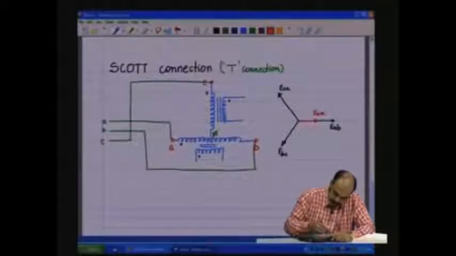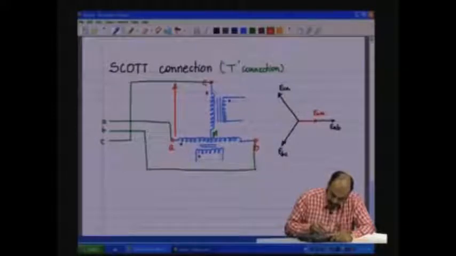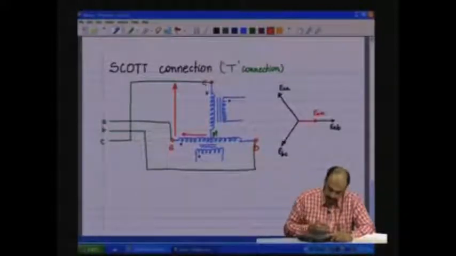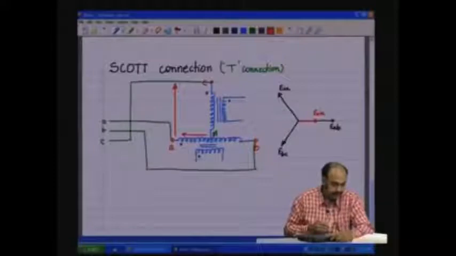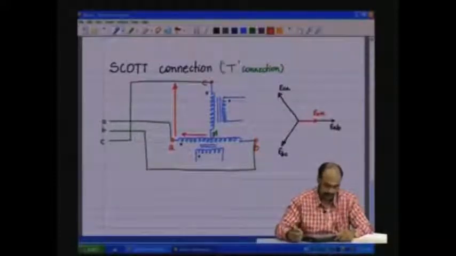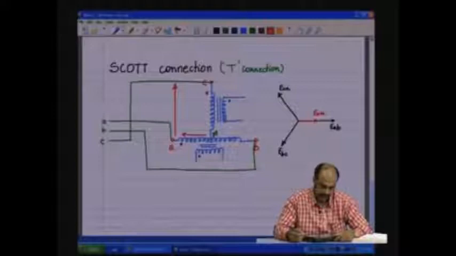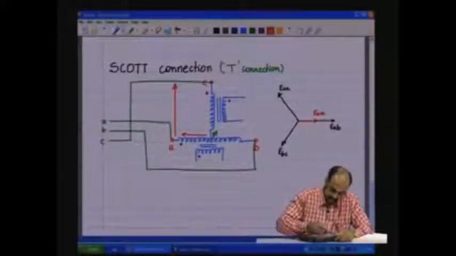ECM is ECA. So, this is ECA and this is EAM, that is EAM, and this is ECM.